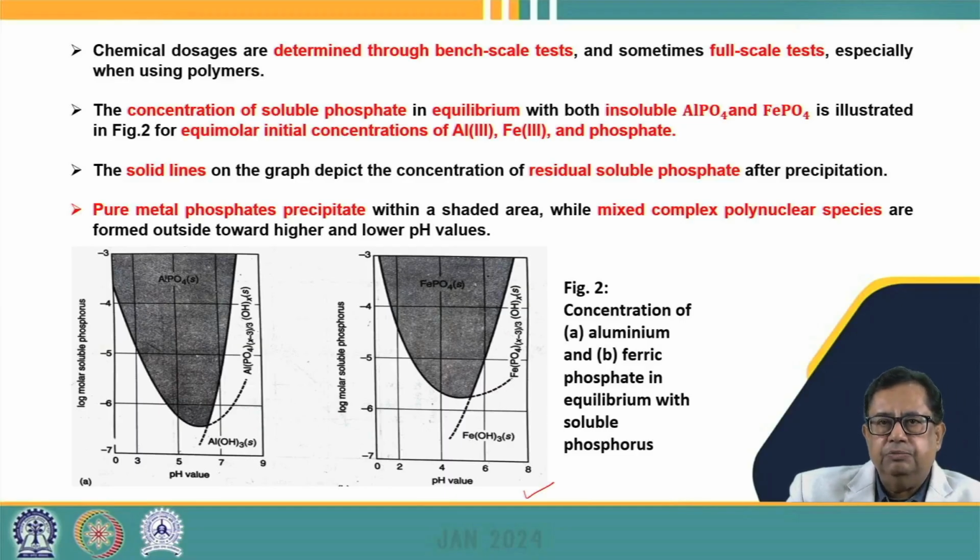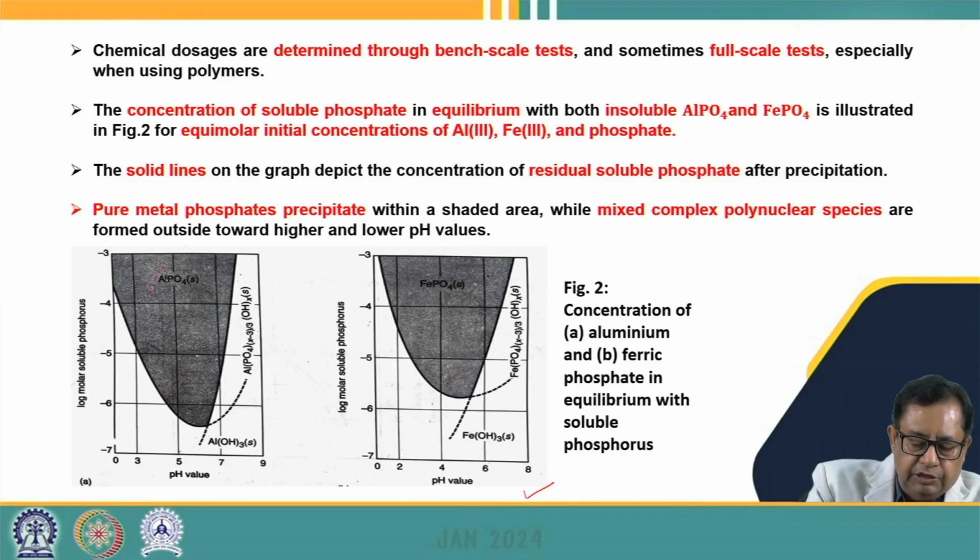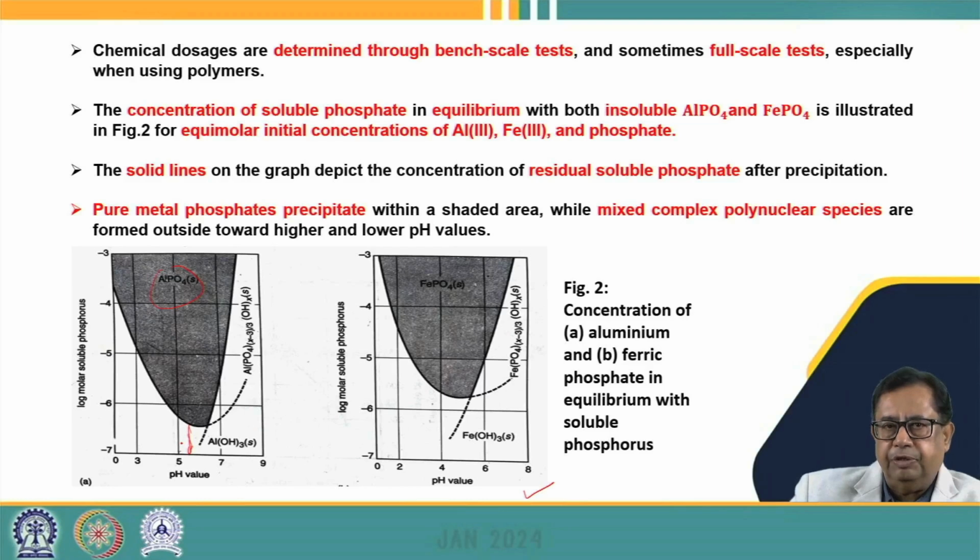It is because the aluminum phosphate is getting precipitated out, and at a certain pH value, for example nearly 5.5 or so, the precipitation of the phosphate is the highest. And it again increases at the lower pH values and at the higher pH values because of certain mixed complex polynuclear species formed, which are shown by this white area, right?